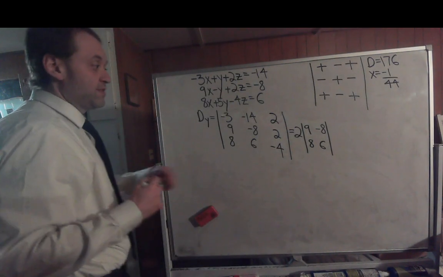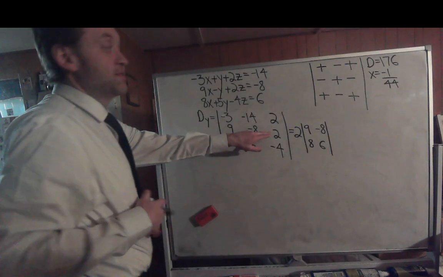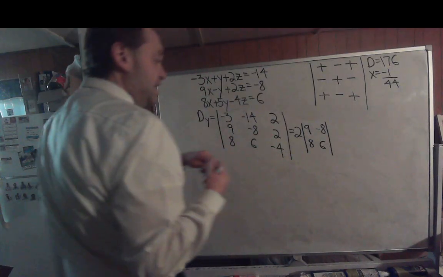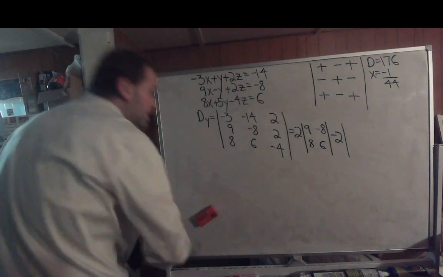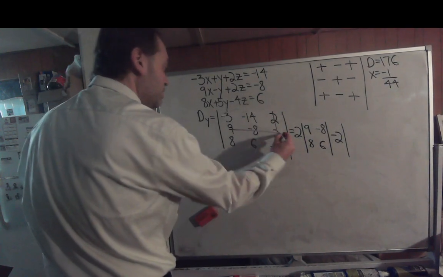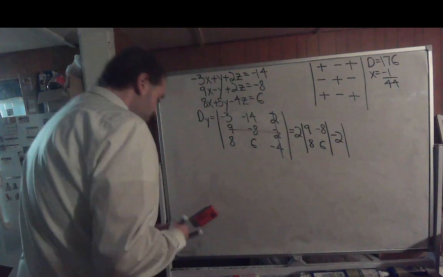Second entry of the third column is also a positive 2, but this time, according to my coefficient matrix, I need to negate that 2. So it'll be minus 2 times the resulting determinant of when I strike out that third column and second row. So the resulting determinant is going to be negative 3, negative 14, 8, and 6.